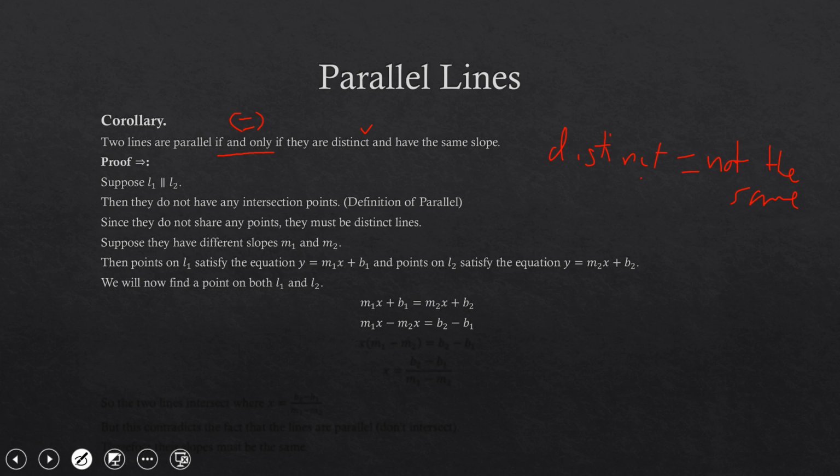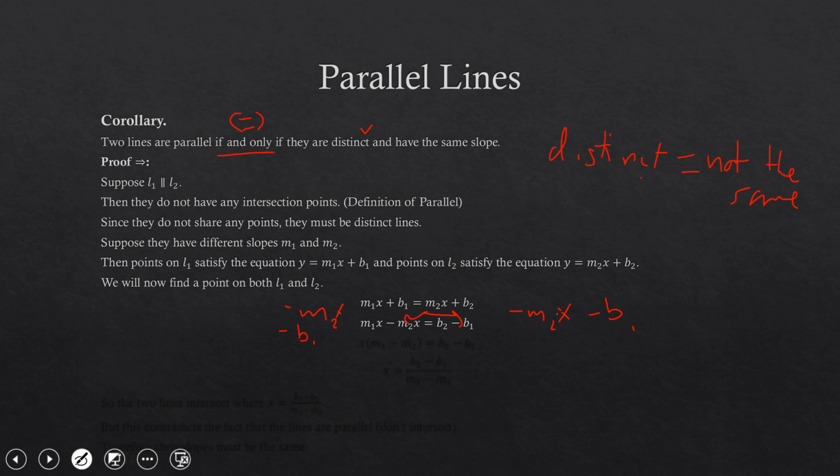So we're going to subtract m2x from both sides and subtract b1 from both sides. Subtract m2x and subtract b1. That moves our b1 over to the right, and it moves our m2x over to the left.